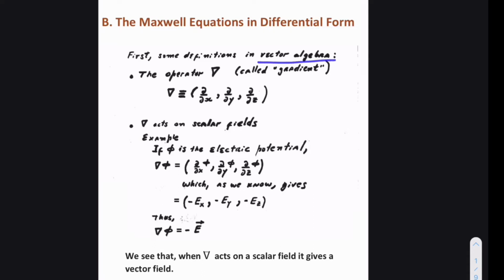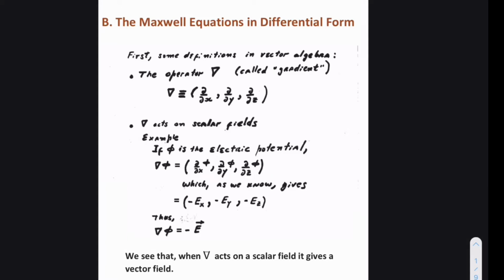of vector algebra. Now you are already familiar with this delta operator, right? This delta operator, when it acts on a scalar field, gives the gradient of that scalar field. So if we apply this delta operator on electric potential phi, then we get this quantity.